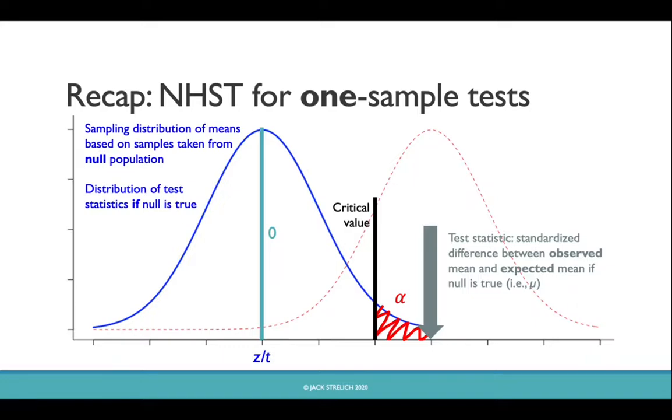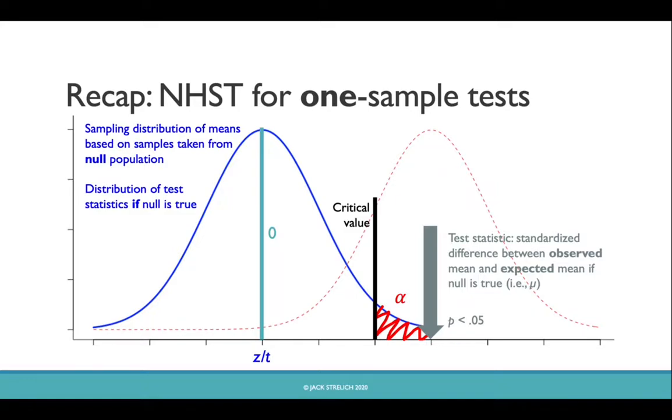Additionally, because our test statistic is greater than the critical value, we know that our p-value, the probability that we would observe an effect as or more extreme than the test statistic we actually did observe if the null was true, must be less than 0.05. We don't know its exact value, but because it's beyond our critical value and it's within the critical region defined by alpha, which in this case is 0.05, we know for certain the p-value must be something less than 0.05.